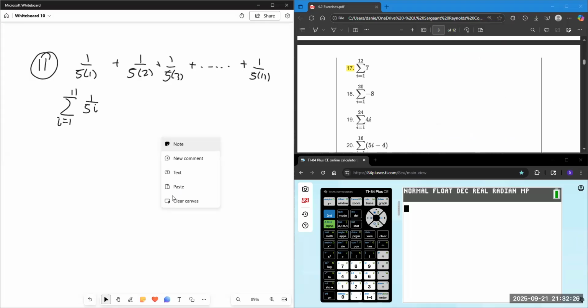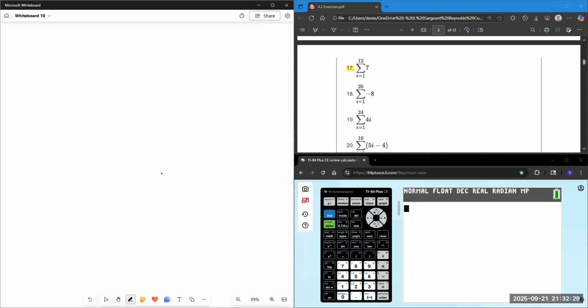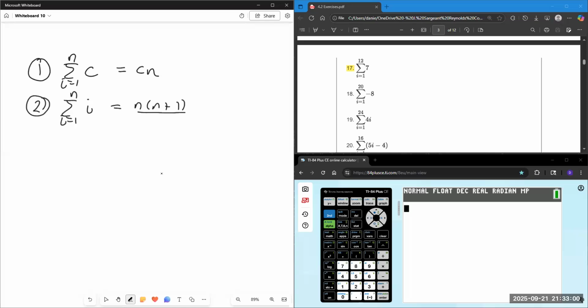And before we talk about this problem, we have to talk about our 4 special formulas. I kind of mentioned this at the beginning, that there were going to be some formulas that we were going to talk about. These always start at i equals 1 and go to n, starting with a constant c. This would be the definition of multiplication, and it would be c times n. Formula 2, i equals 1 to n of our variable i here will be n times n plus 1 over 2.